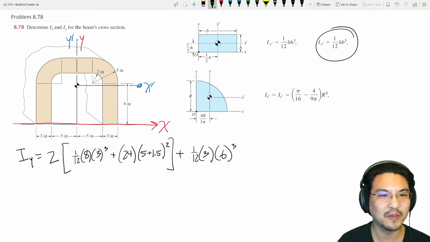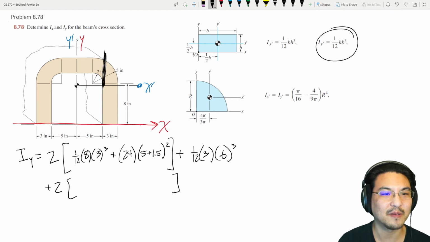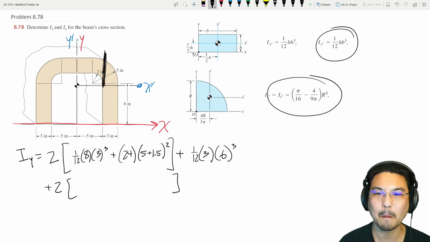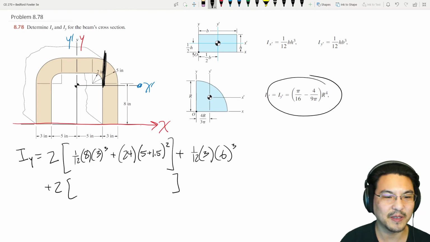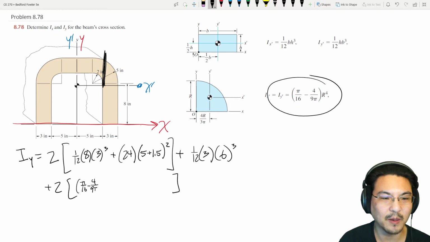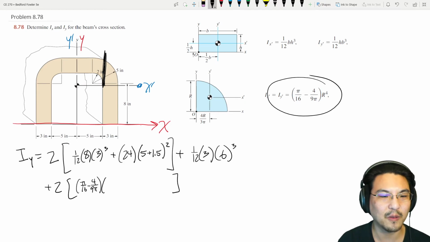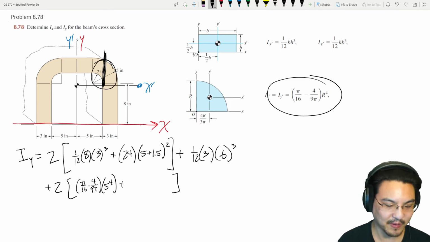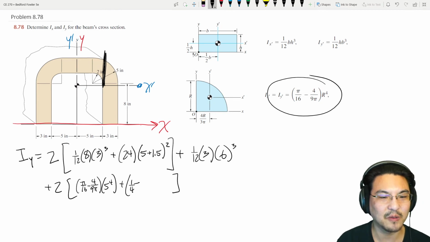Now this quarter circle, I know that there are 2 of them, so 2. Okay, so that quarter circle about its own centroid is right here, pi over 16 minus 4 over 9 pi times r to the 4th, 5 to the 4th, plus parallel axis theorem, the area of that shape, which is a quarter circle, 1/4 pi r squared, times the distance from here to here.